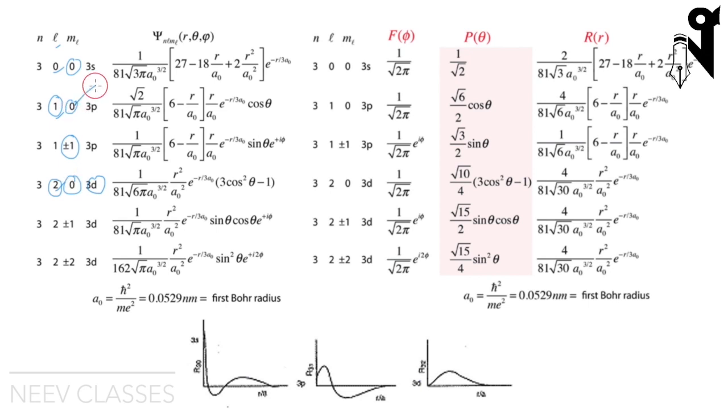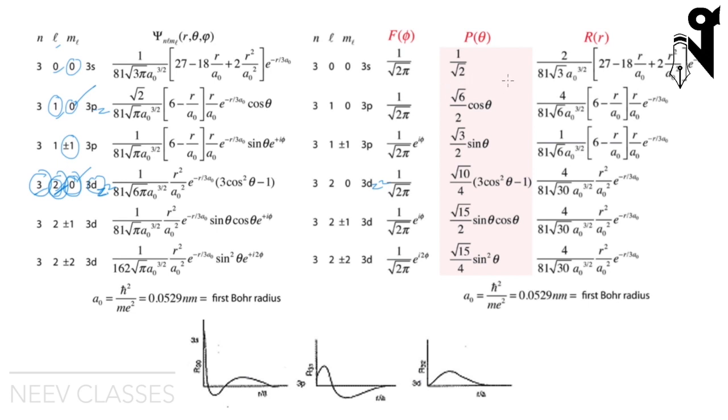The 0 over here, mind you, is associated with z. So for 3p with m 0, it is 3pz. For 3d with m 0, conventionally it is for z, so it is z square. The other ones are your xy's, your x square minus y square, and your yz's. So we'll see those shapes.